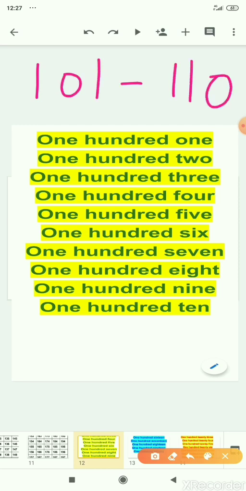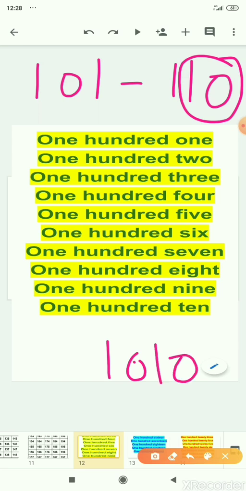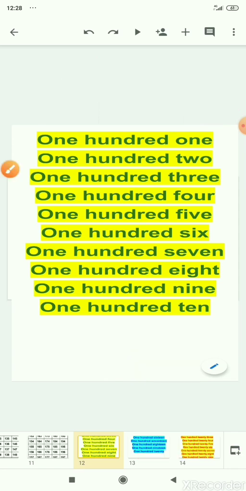When we write 110, the 0 will go away, because here we have a 2-digit number, that is 10. If we write 0 between 1 and 10, it becomes a 4-digit number. So it is better to remove 0 and write 110.